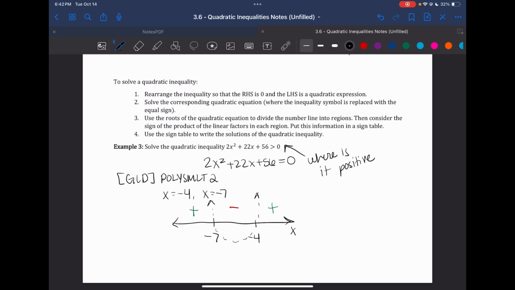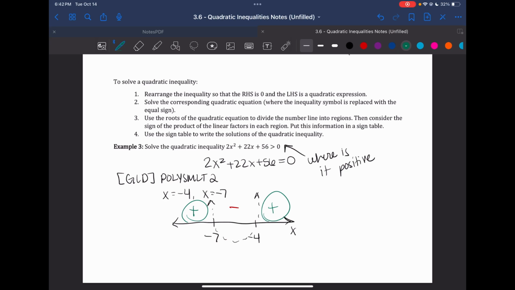So where is it positive? Well, it's positive anywhere less than -7, but then also greater than -4. So that's really all you have to write as your answer. And again, that comes from this idea where is it positive? These two regions.